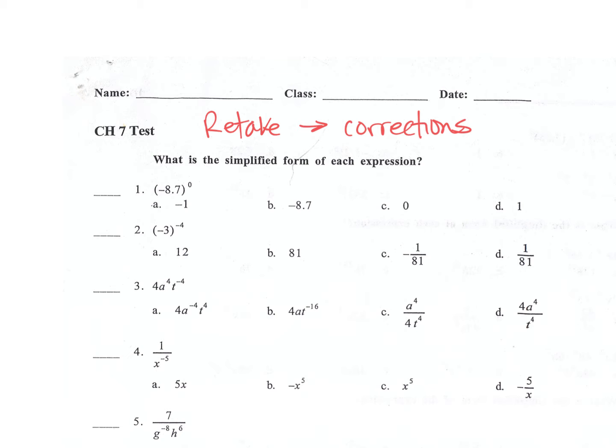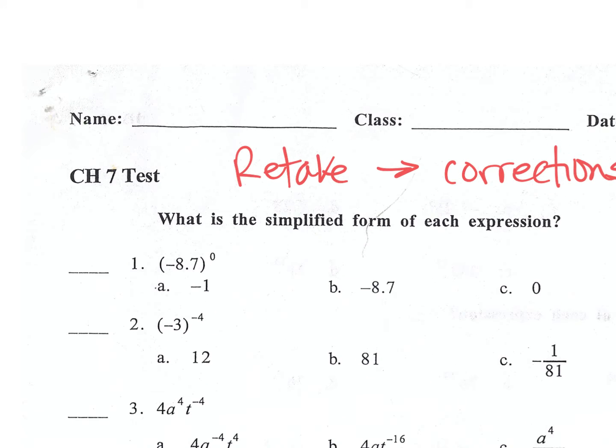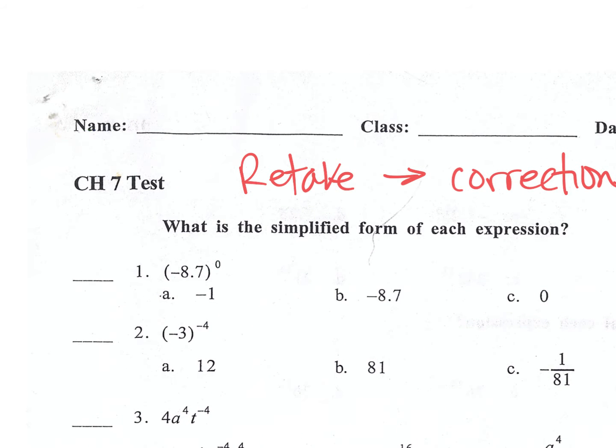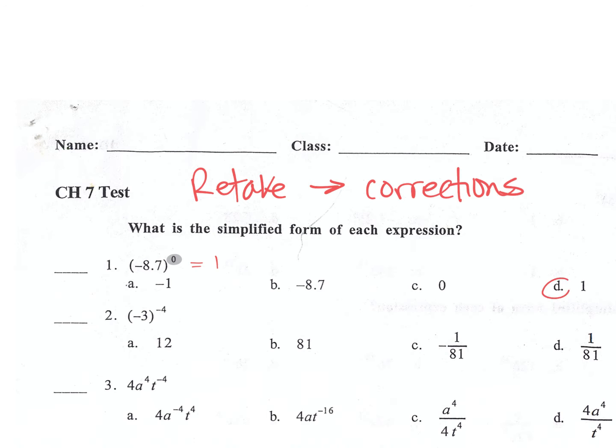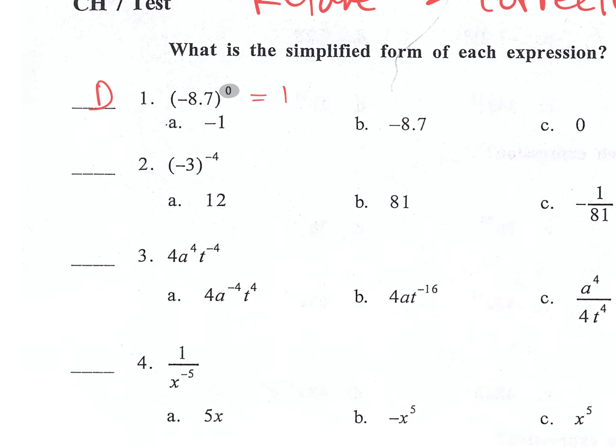All right, so starting with number 1, I really hope nobody got this one wrong. We learned that anything with an exponent of 0 is equal to 1. So my answer choice here would be D. Going to number 3, we learned we can't have a negative sign, so I do an equal sign and fraction bar. All of this is getting moved down to the denominator.